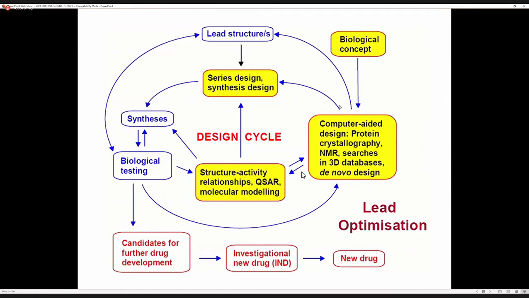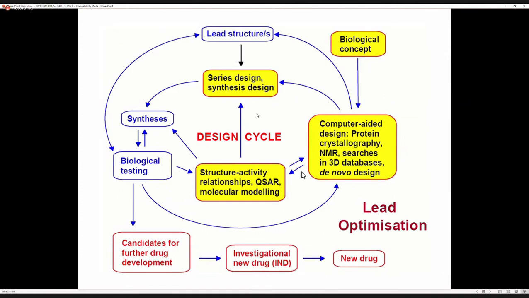But the problem with new compounds or new leads, it requires designs of the series designs or synthesis design. Synthesis design means some compound might not be synthesized before, so you have to figure out how to synthesize it. That takes a lot of time also.